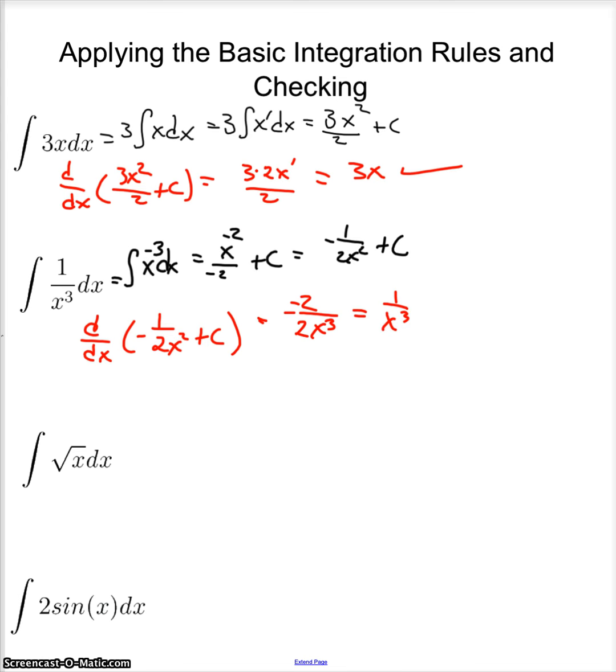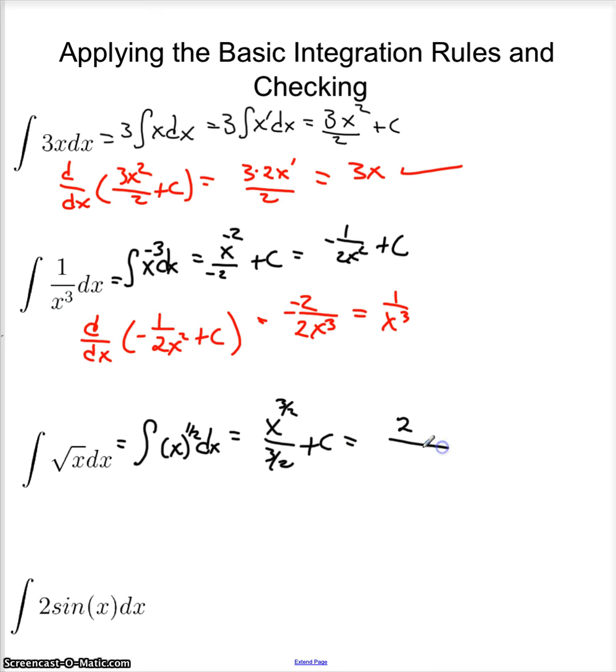Now for this one, I'm going to integrate the square root of x. I'm going to go ahead and make this x to the 1/2. Okay, remember when you integrate, you raise the power by 1 and divide by the power. So this is x to the 3/2 divided by 3/2 plus c. Oh, this is just ugly. Let me rewrite this.